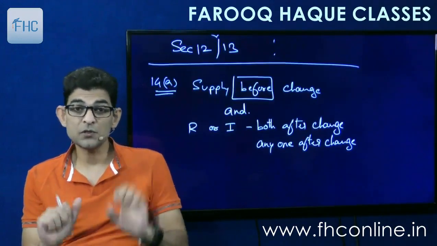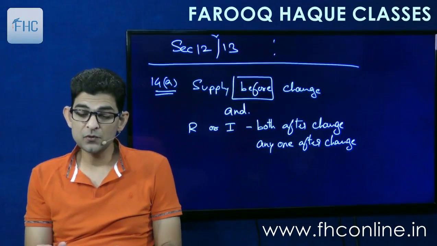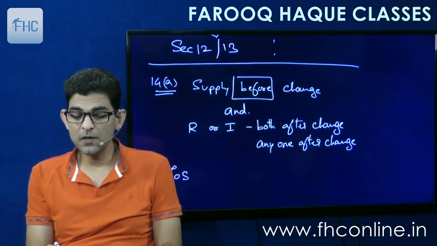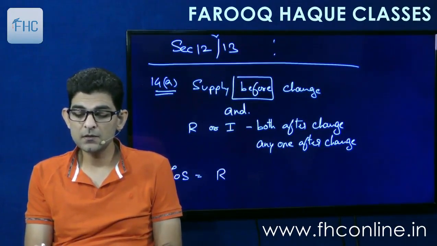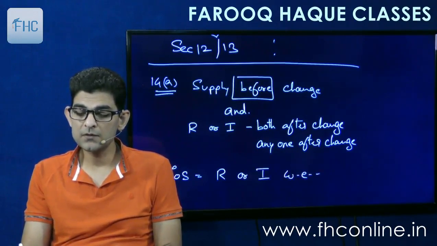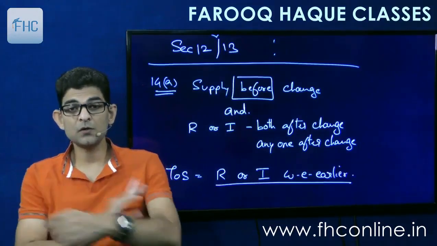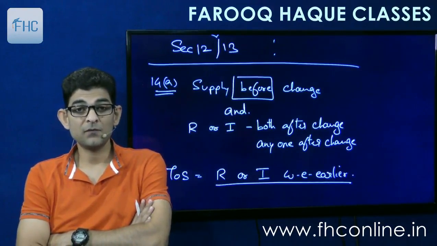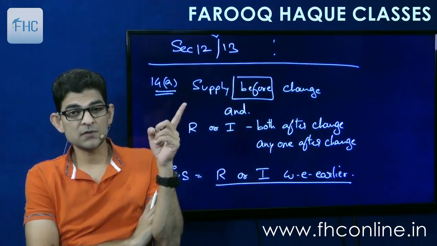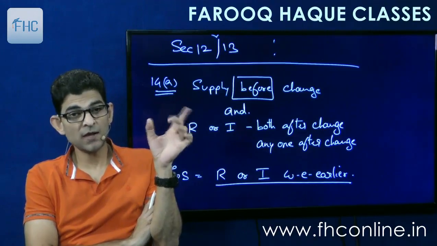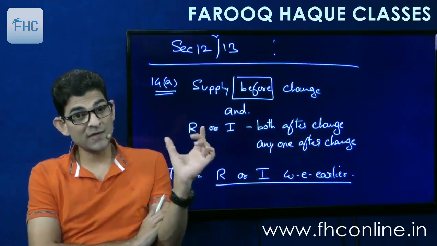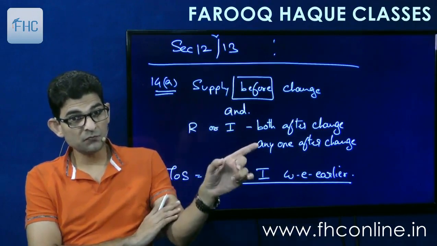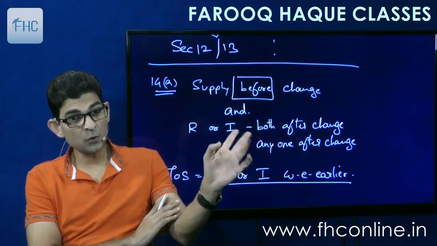Then you apply section 14 clause A. And in section 14 clause A, the time of supply will be receipt or invoice, whichever is earlier. Very simple. Receipt or invoice, whichever is earlier. And when is it applicable? In this situation. Supply is before change and receipt or invoice, any one of these two is before, one is before, one is after, or both are after.